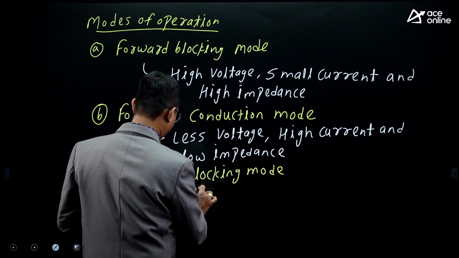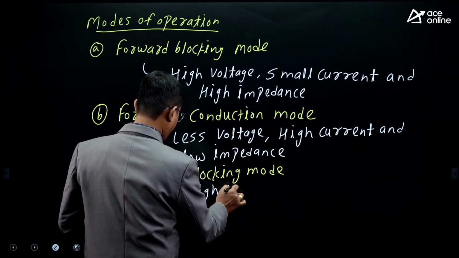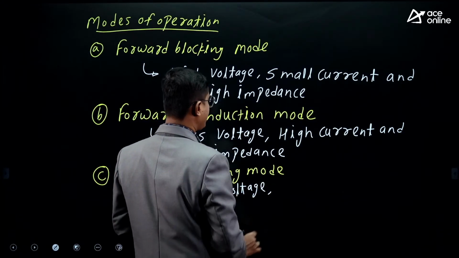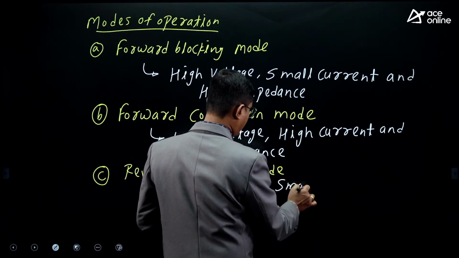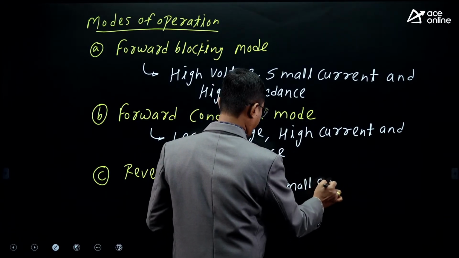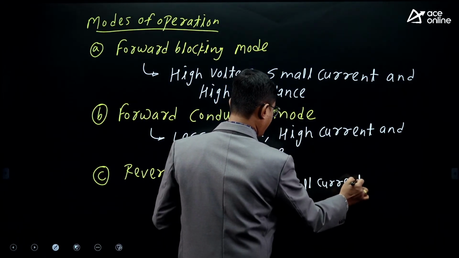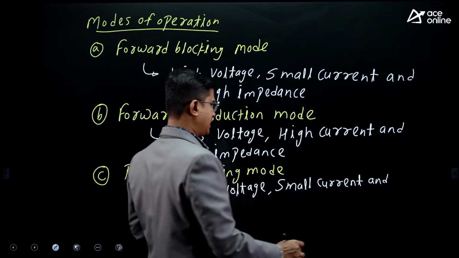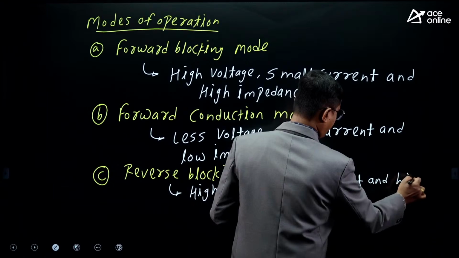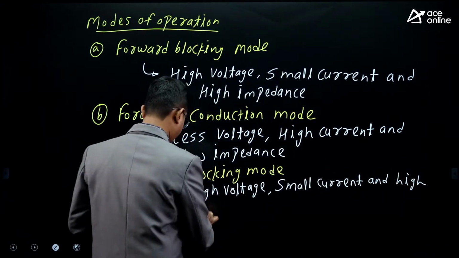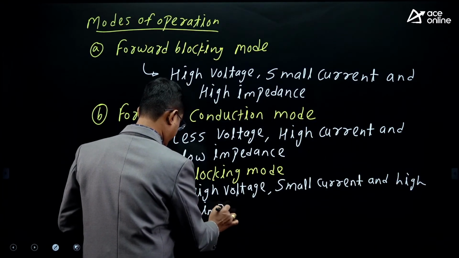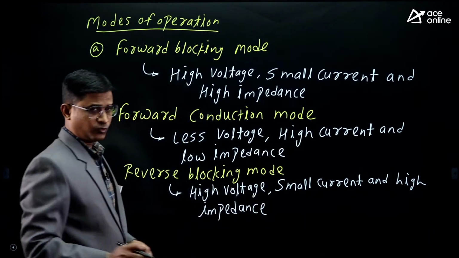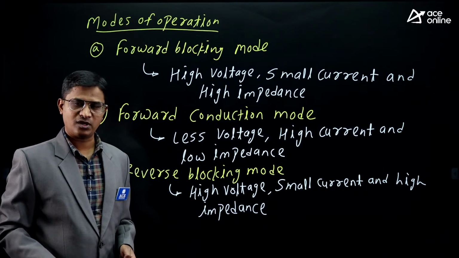High voltage, small current. So what is the impedance? High impedance, right? We don't have reverse conduction mode, all right?